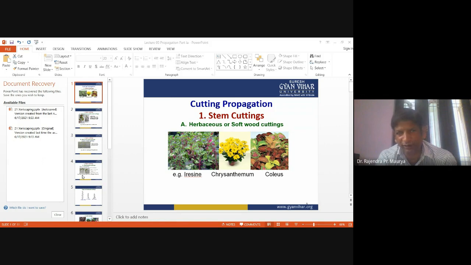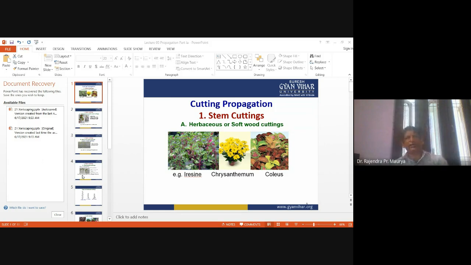The reason for the slanting cut is that during rainfall or when we apply water during irrigation, if we make a horizontal cut on the upper side, water will be stored on that and it will cause decaying.